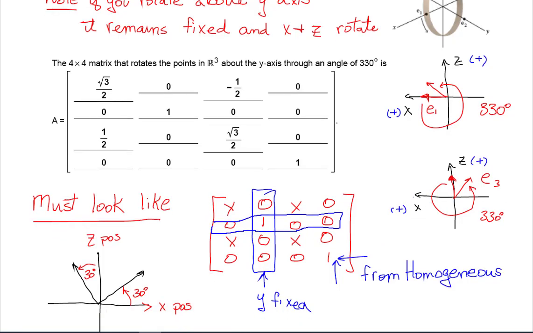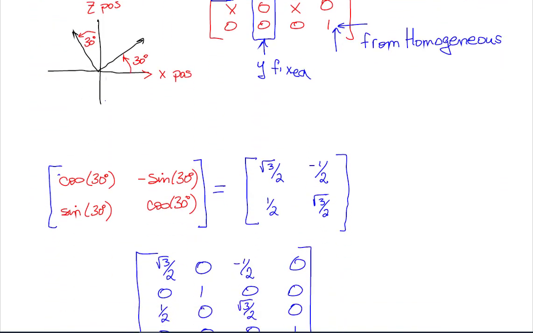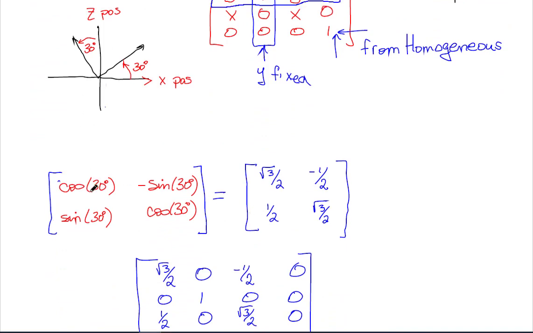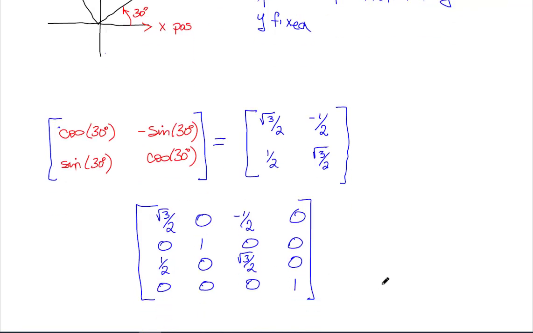And so if this is by 30 degrees, I get cosine 30, sine 30, minus sine 30, cosine 30, and we get our 1/2 and minus 1/2 from the sine. Cosine is square root 3/2, and if we fill in our missing parts, then our matrix needs to look like the following.